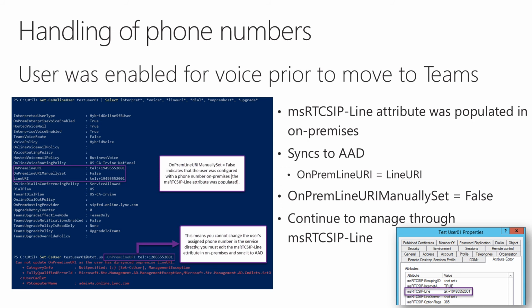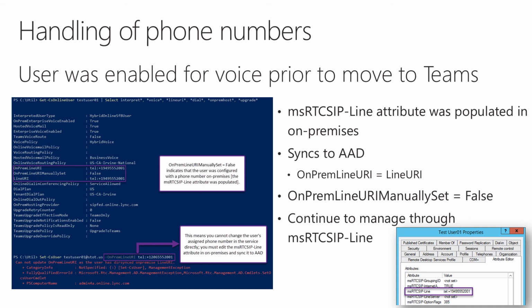Now, I do want to talk about the handling of phone numbers because it's important to understand where we need to go to edit a user's phone number post decommissioning or removal of the Skype for Business on-prem environment. And really the key to all of this is where was the user enabled for voice prior to their move to Teams?